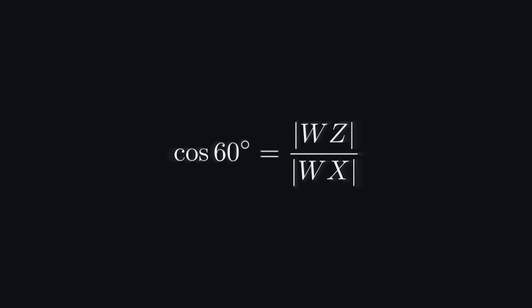Now substitute. Length of WX equals 15 kilometers. So the horizontal distance, length of WZ, is 7.5 kilometers. Cos of 60 degrees equals length of WZ over length of WX.